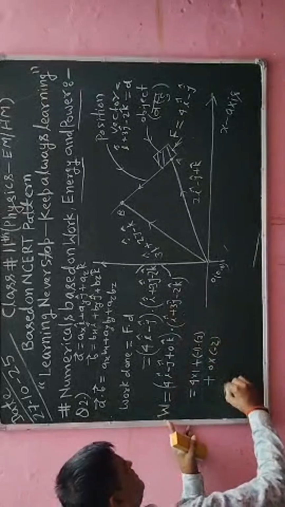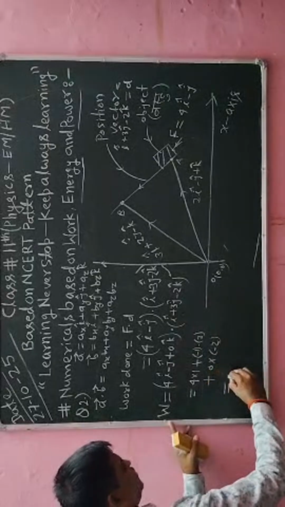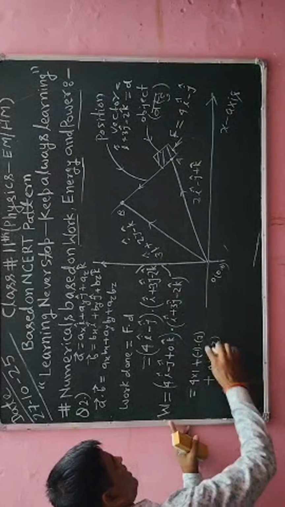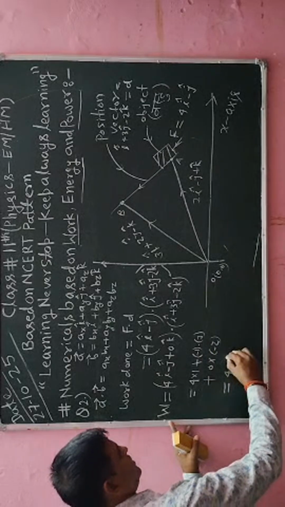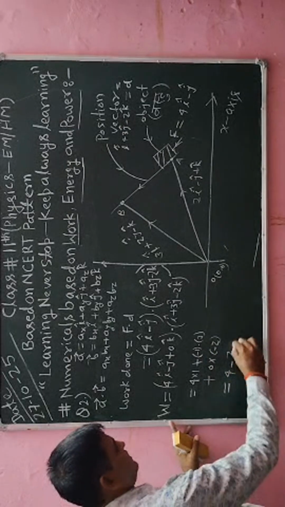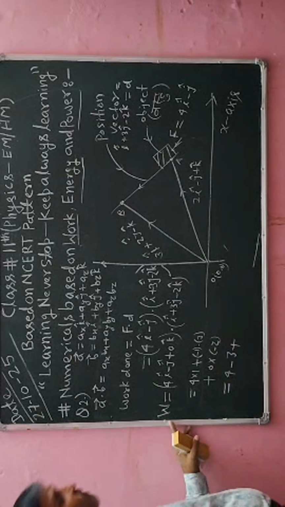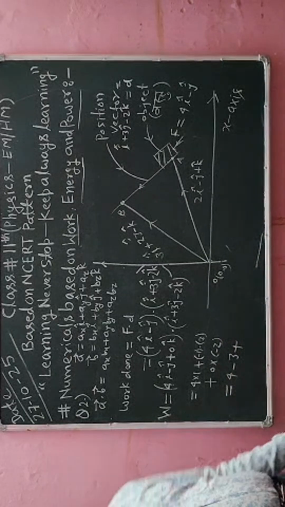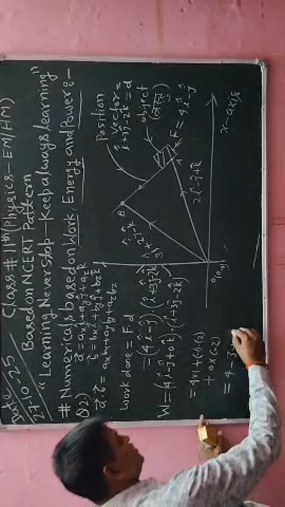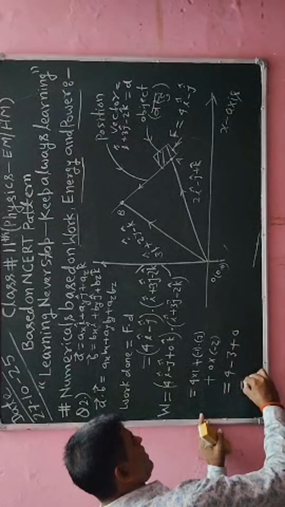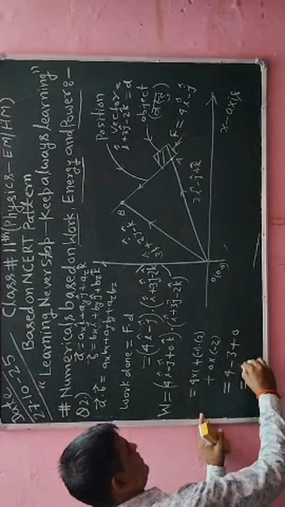I will simplify it further. 4 into 1 will be 4, and minus 1 into 3 is minus 3, so I will write minus 3. And if I multiply any quantity with 0, it will be 0, so this term will be 0. After simplification, I will get the value 1.